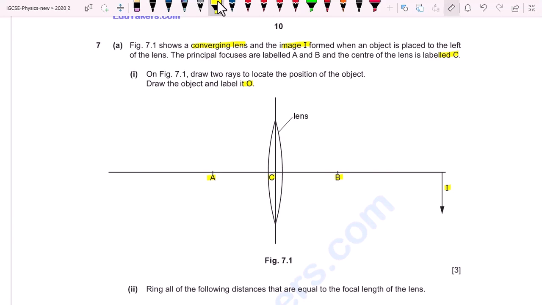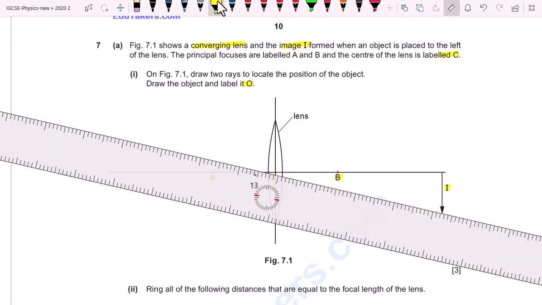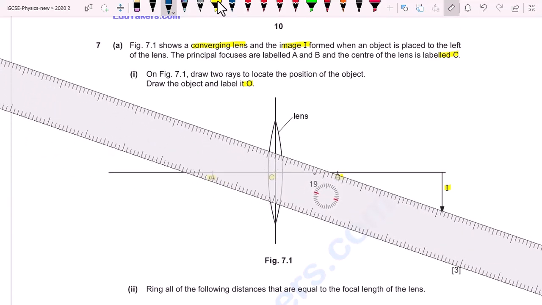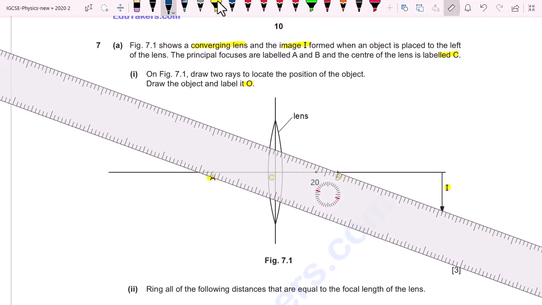So I use the ruler and draw these two rays. I draw the first ray, which starts from this point, passes through the focus and ends at this point.